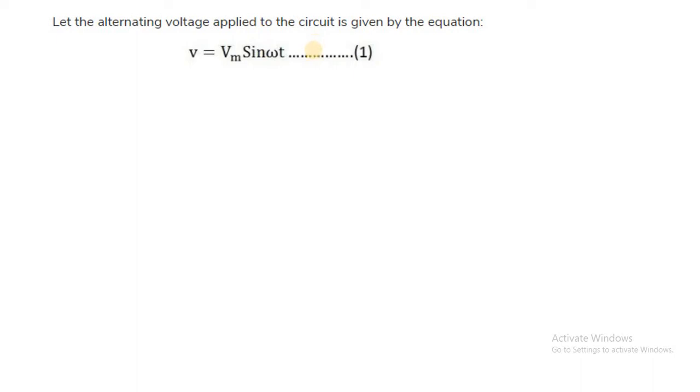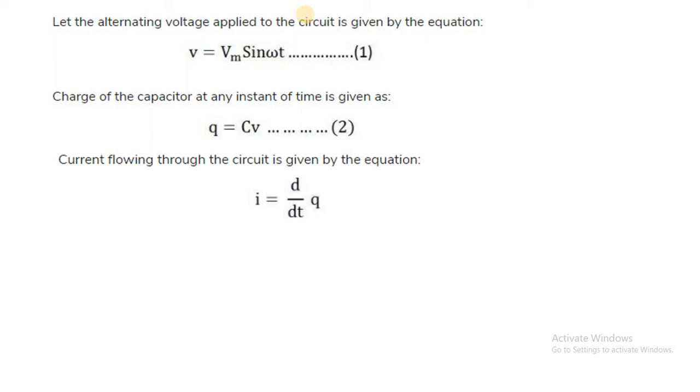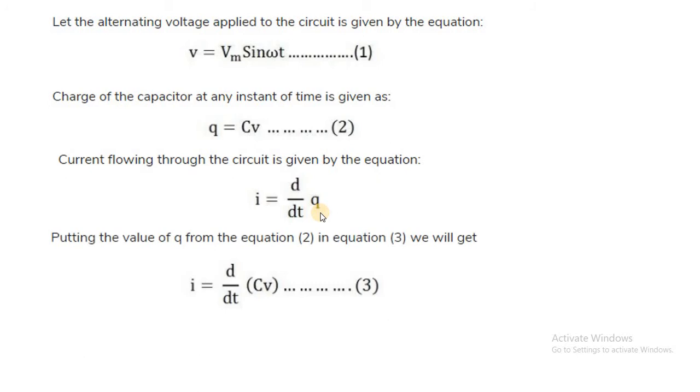By the relationship in a capacitor, the charge at any time instant is Q equal to Cv. As Q equal to Cv, the current through the capacitor is I equal to dq by dt. Putting the value of Q, we get I equal to d by dt of Cv.